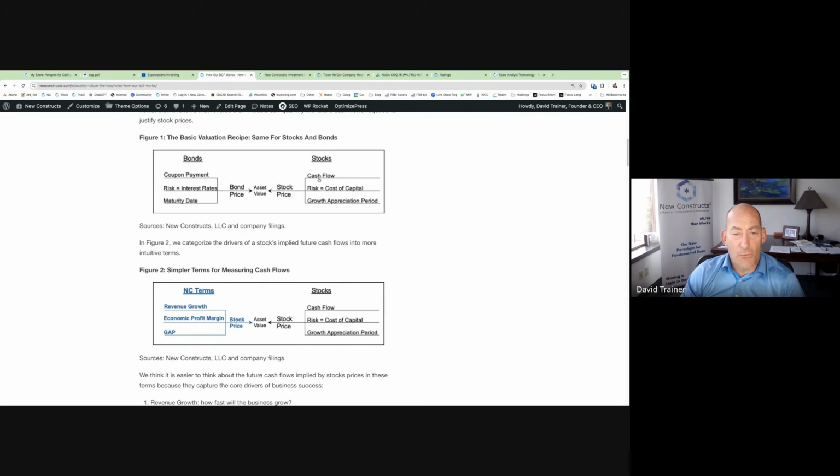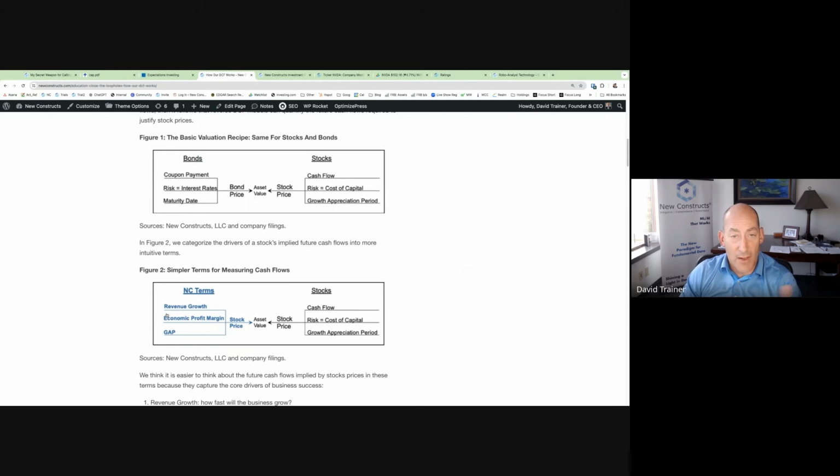What we talk about here for stocks is really pretty similar for bonds. You've got a stream of cash flows, the coupon payment. Your risk is your weighted average cost of capital. And your maturity date is your growth appreciation period, or the number of years the company is expected to grow its profits. All those three things can be put into a DCF model, and they'll give you a stock price. But a reverse DCF says, you know what, I'm going to start with the stock price, and I'm going to solve for these three things.